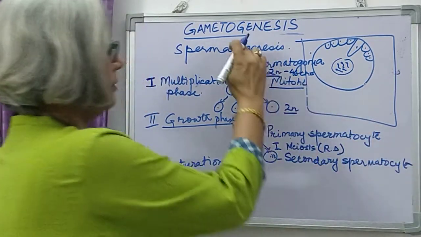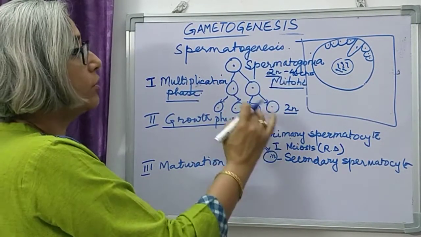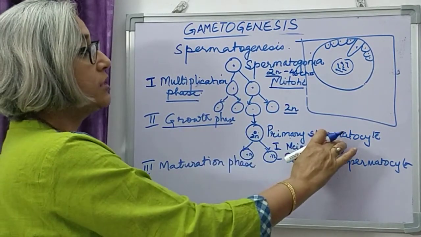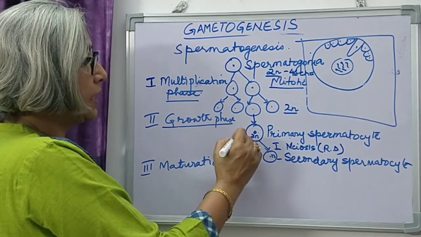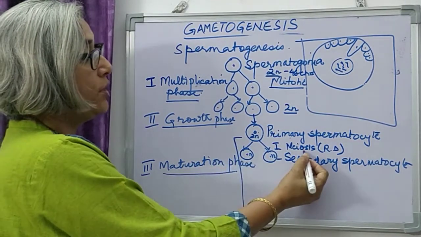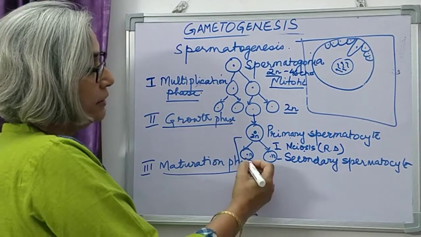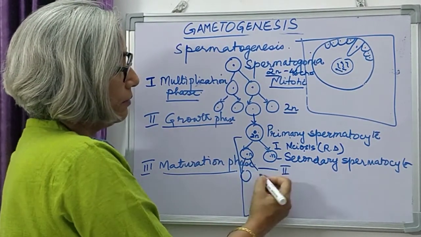So this was the multiplication phase where several spermatogonia are formed. One of them matures, grows, and is called the primary spermatocyte. Then meiosis takes place. This comes under the third phase, that is the maturation phase. Meiosis 1 takes place. Secondary spermatocytes are formed. These secondary spermatocytes then divide mitotically.